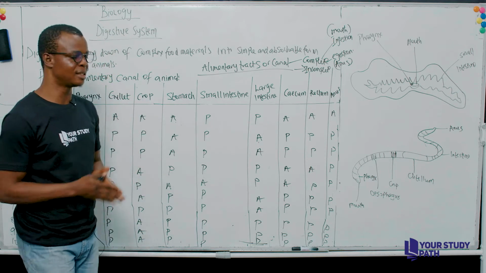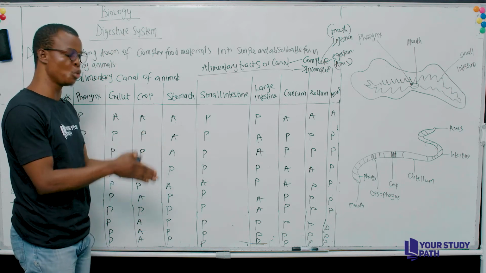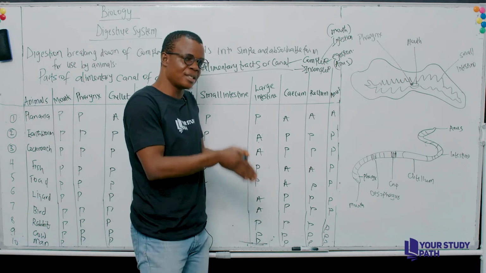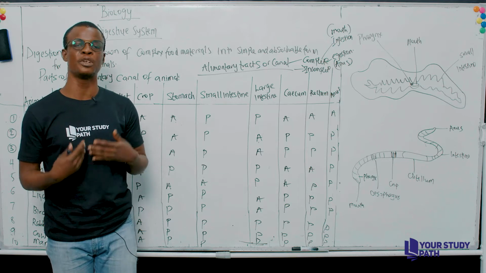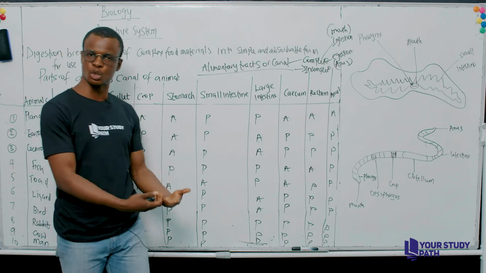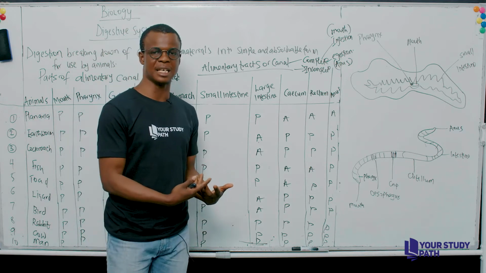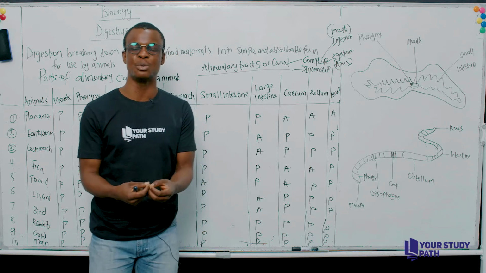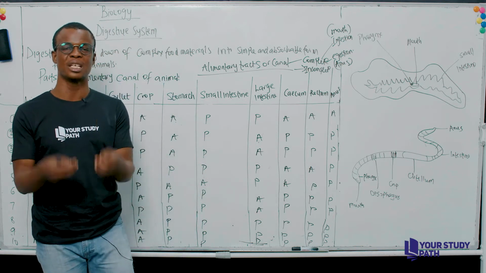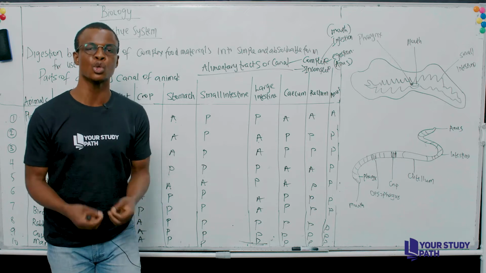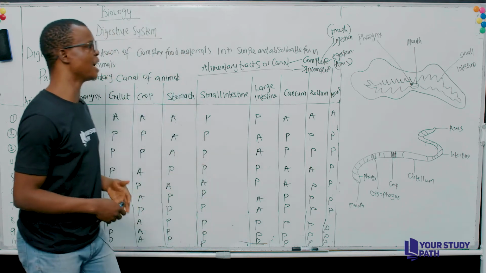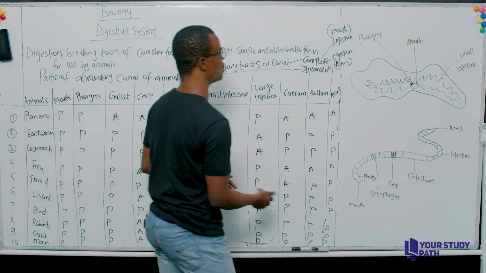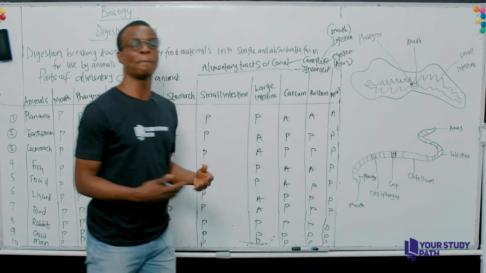That means the same orifice or the same hole through which food enters is the same hole through which food leaves the body of such an organism. So food enters into their body, gets digested and absorbed into their body, and the waste materials that are not needed in the body also leave the body through the mouth. Examples of organisms that exhibit this are Hydra and of course Planaria, right? Flatworm, Planaria.